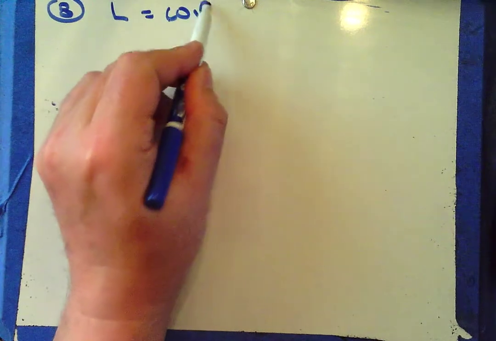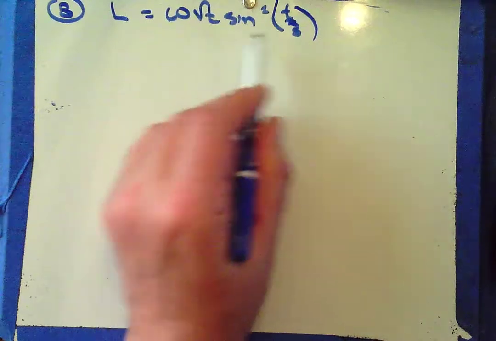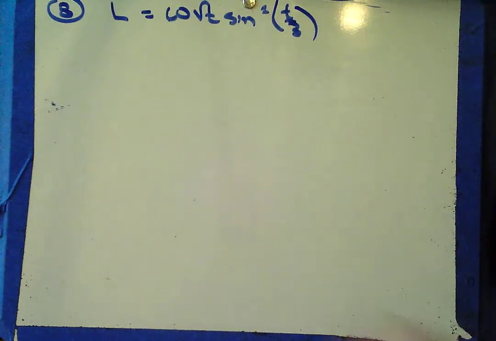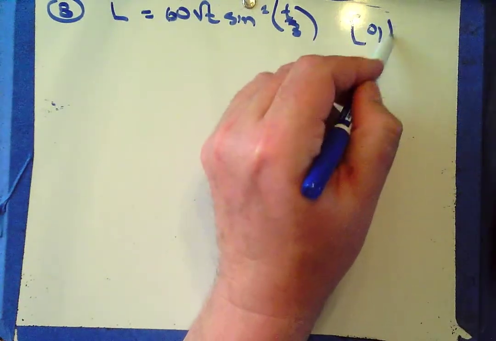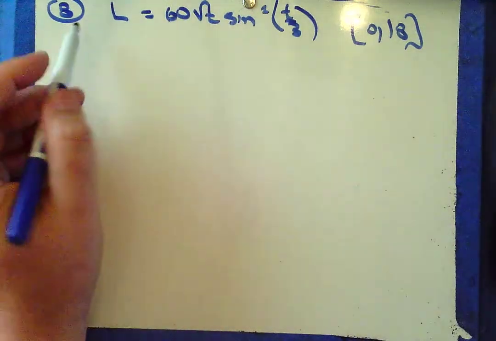Number 8. Number 8 says at the intersection of Thomasville, Oregon, cars turn left at 60 square root of t sine squared of t over 3. Yeah, I feel like we saw a function not unlike that a little while ago. Over the time from 0 to 18. Okay. The graph of L is shown above. To the nearest whole number, find the total number of cars turning left on 0 to 18.